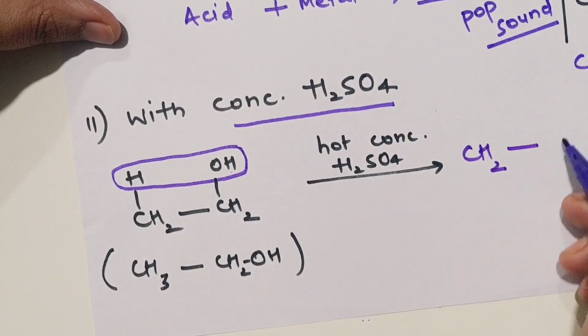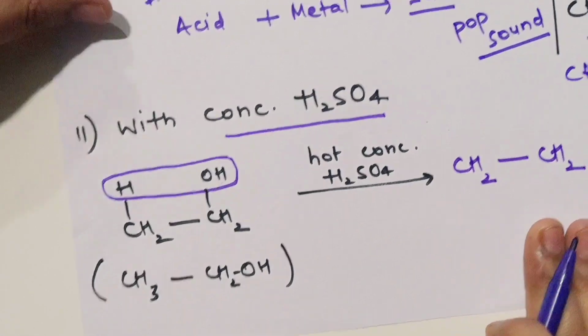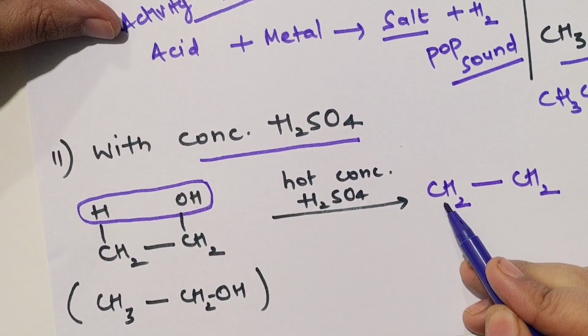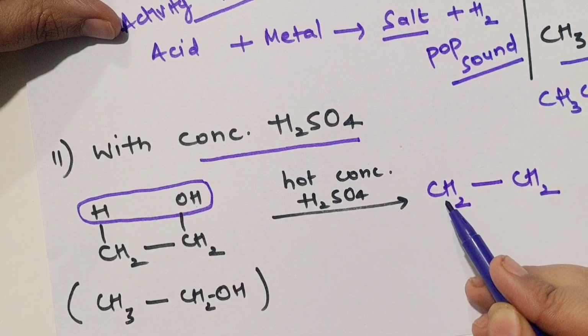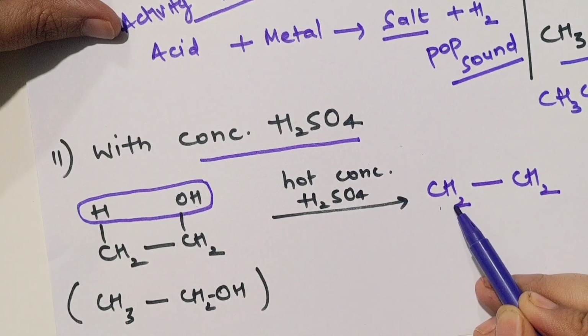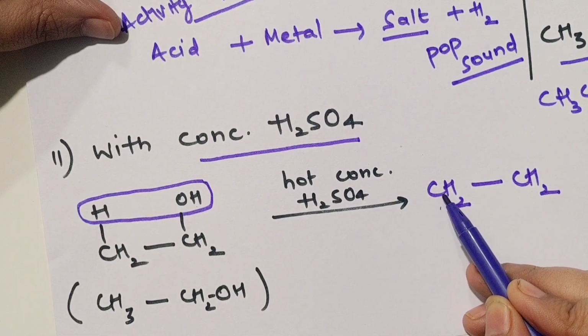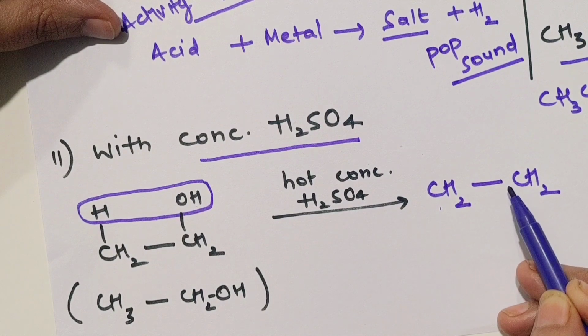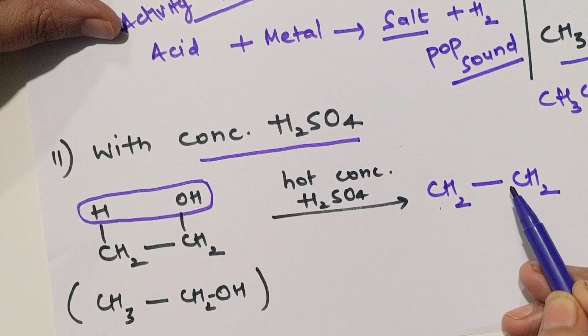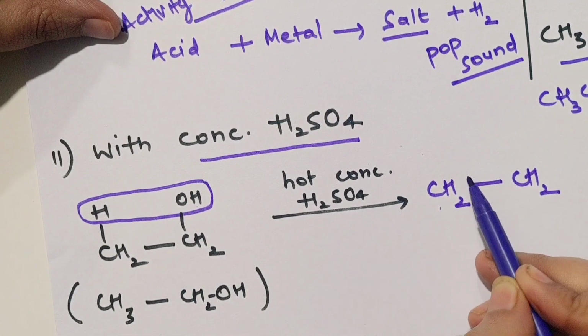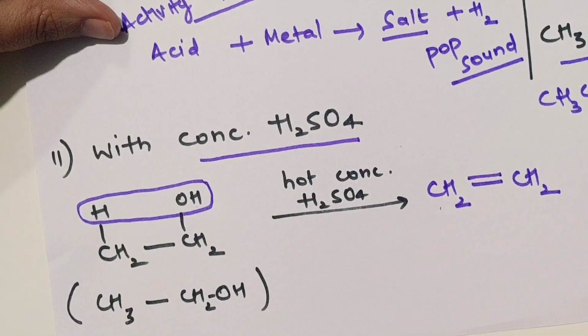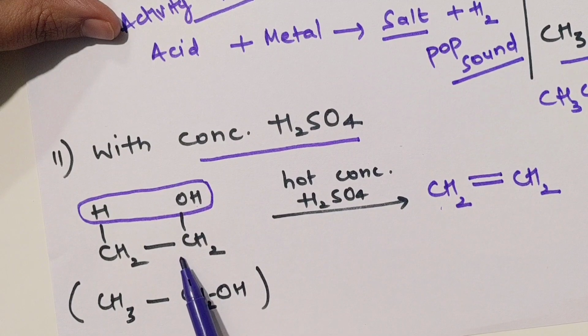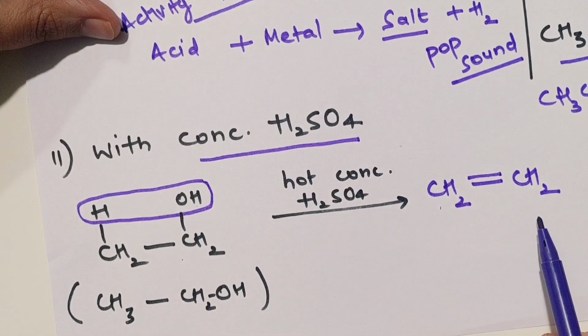CH2, CH2. But is the valency of carbon satisfied? No. Two hydrogens means two bonds with hydrogen, and one bond with this carbon, so three bonds. But carbon makes four bonds, so that means a double bond has to be introduced. This is how you convert alcohol to alkene.